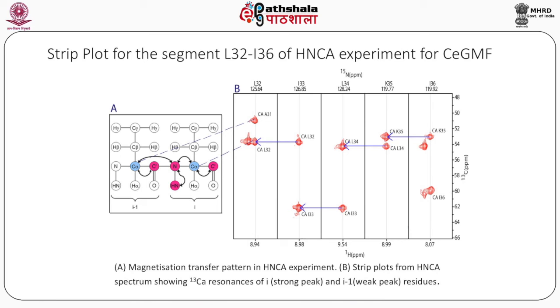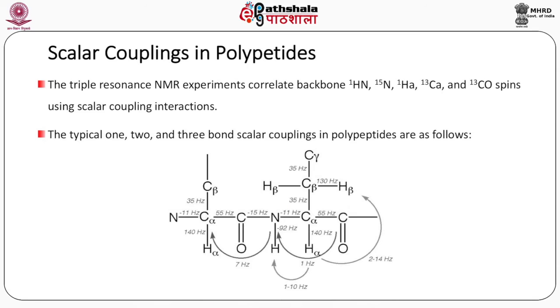So, figure A actually shows you the magnetization transfer pattern in the HNCA experiment, and you can see that the atoms are schematically drawn and colored also, going from HN to N and then from N to its own C alpha and from N to the preceding C alpha. This is your HNCA experiment, and in figure B you have the strip plots as I have just described.